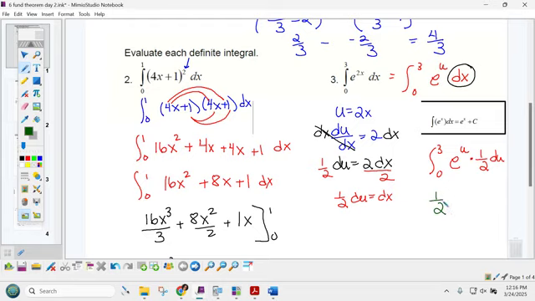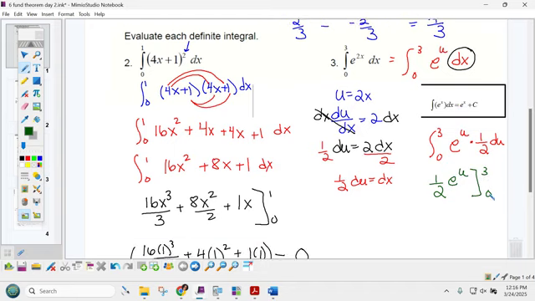One half carries down. The e to the u, well, that has an antiderivative of itself. But we didn't start with u. We started with u being 2x. So I have to put the 2x back in.